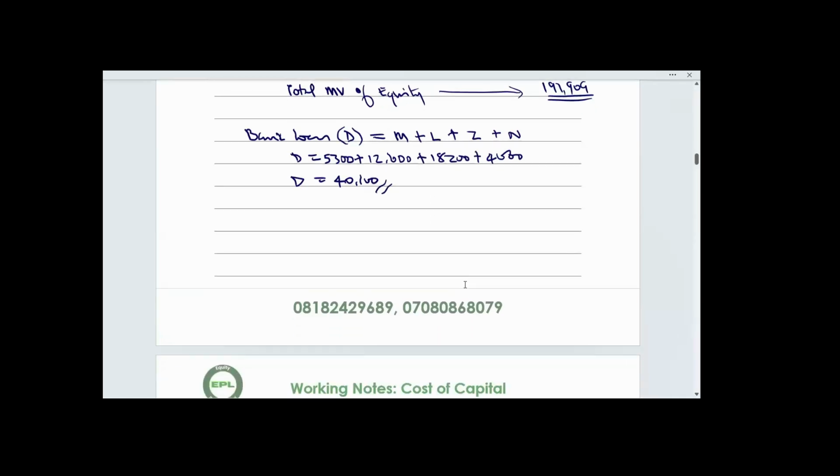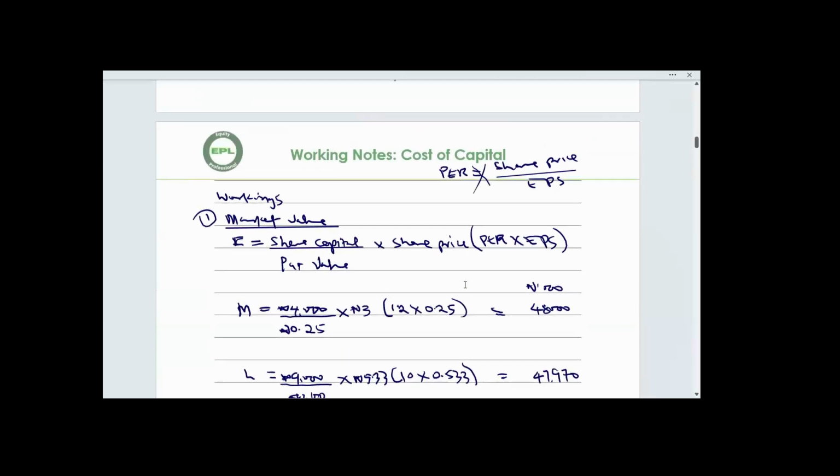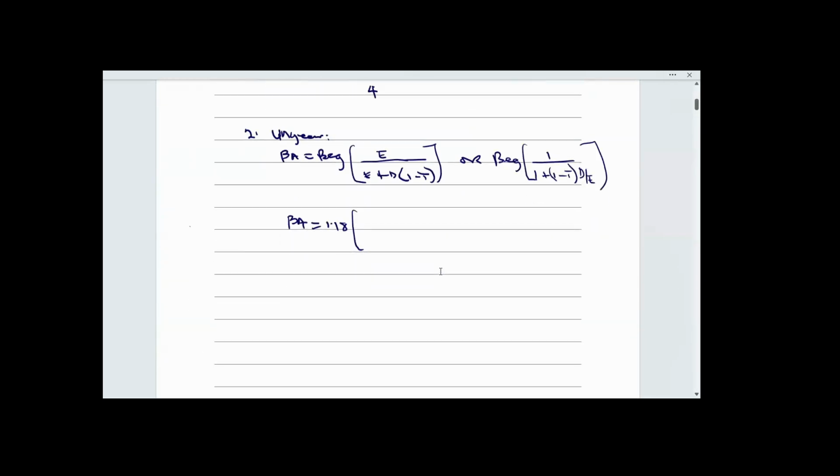So in this case, I can go up there. You can see we abandoned the calculation because the variable we were looking for was not available. So we have to go and do working for it. Now that we have it, let's proceed.